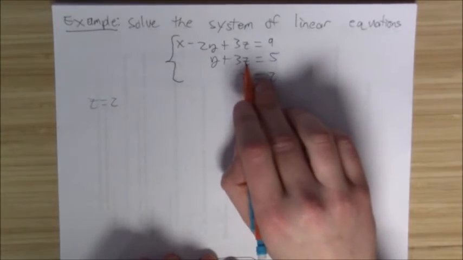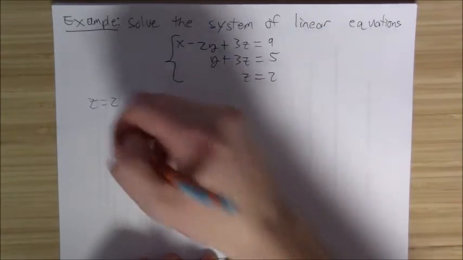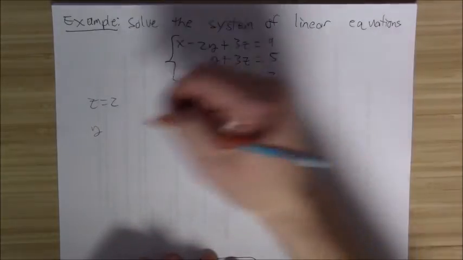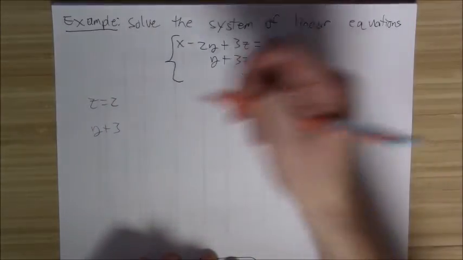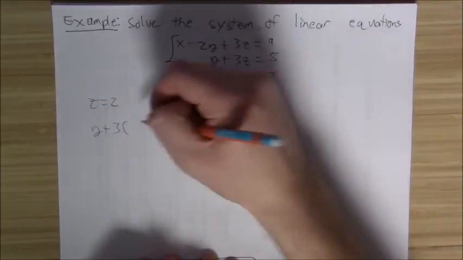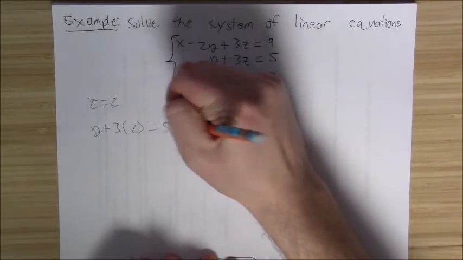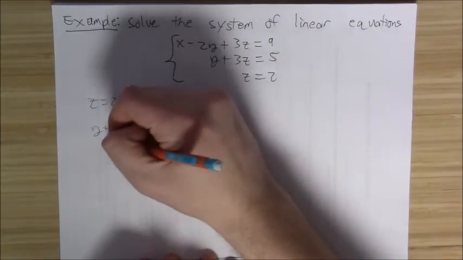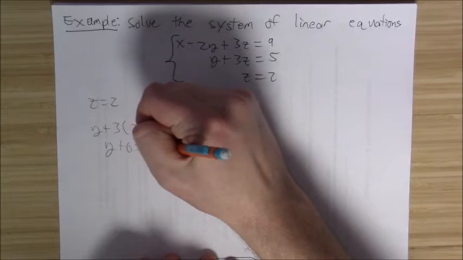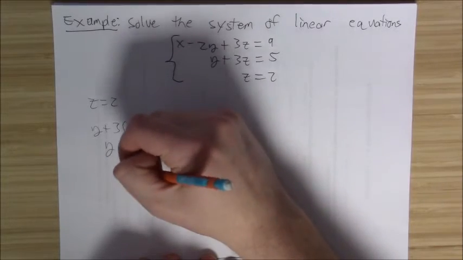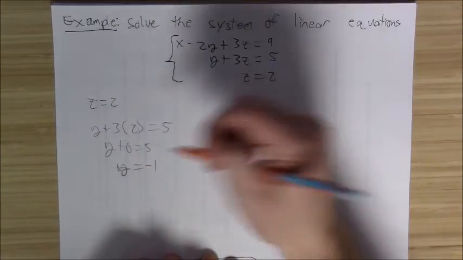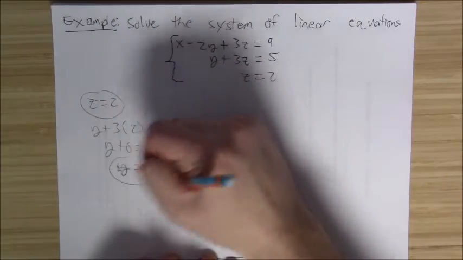So here, I want you to notice that since z is equal to 2, we can substitute that back into this equation, which gives us y plus 3 times 2 equals 5. In other words, y plus 6 equals 5, which means, subtracting 6 from both sides, y is negative 1. So we have z equals 2, y equals negative 1.